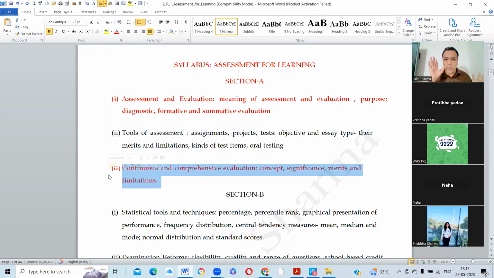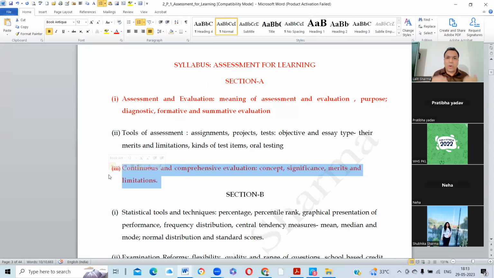Dekho, he is asking only about concept, significance, merits and limitations. So very, very good notes I have already sent to you. Okay, the concept is clear about continuous and comprehensive evaluation. If you have read the notes, I have explained thoroughly the continuous evaluation and the characteristics of continuous evaluation, then comprehensive evaluation.